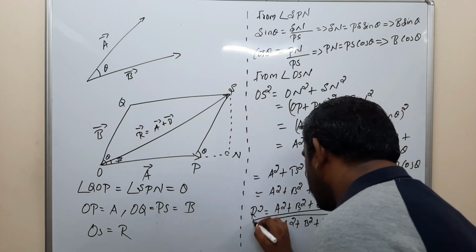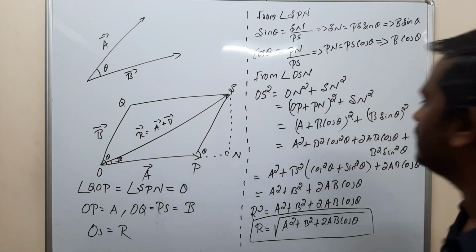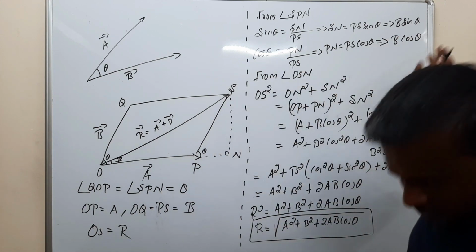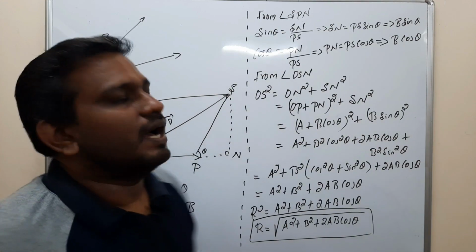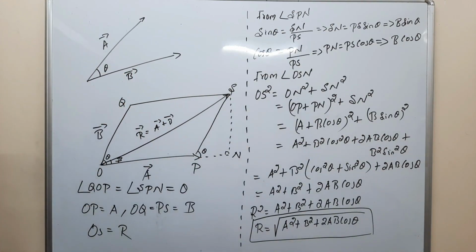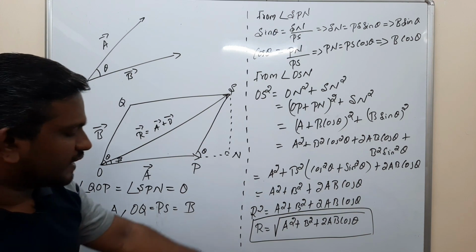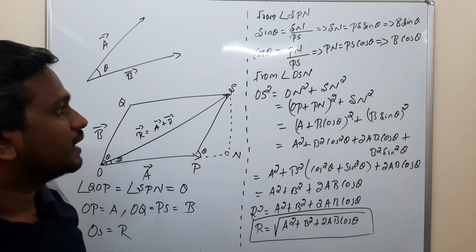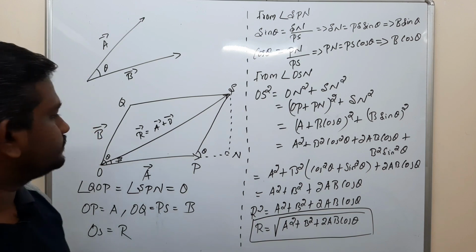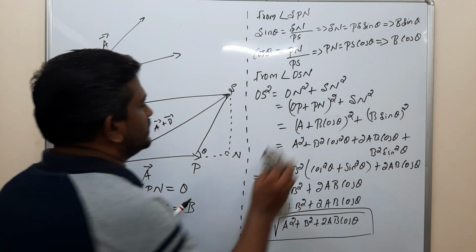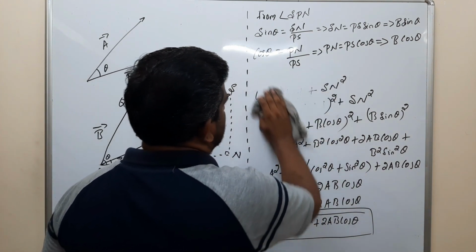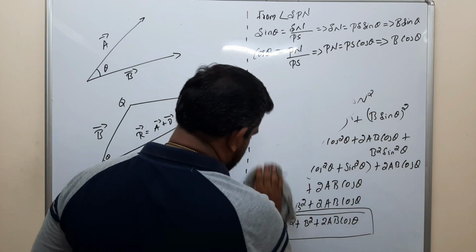This gives the resultant of these two vectors, A vector and B vector, inclined at an angle theta. Next, we have to find the direction of the resultant.